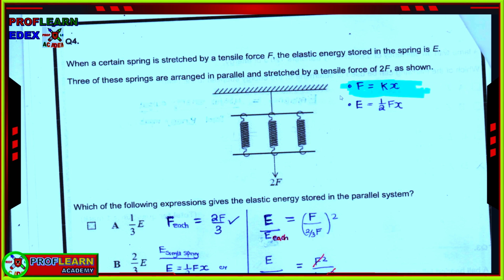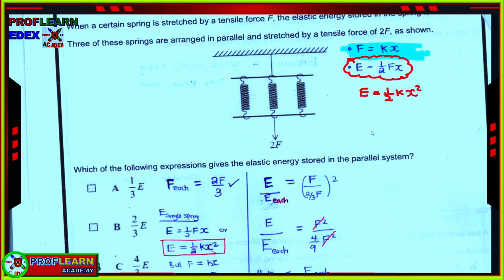The second very important formula is energy equals a half Fx, which can also be given as energy equals a half kx squared, using x for consistency as the extension.